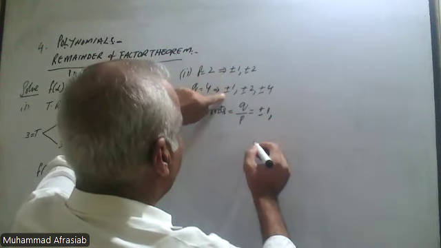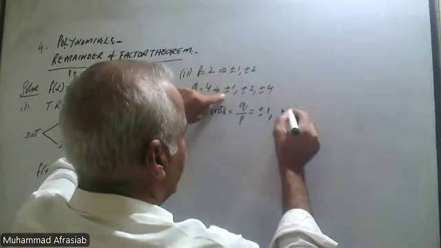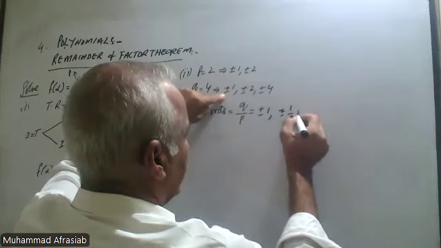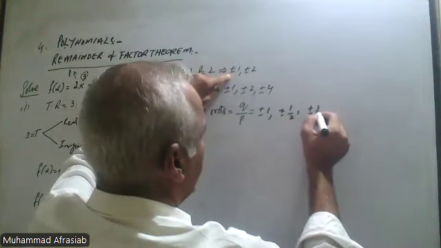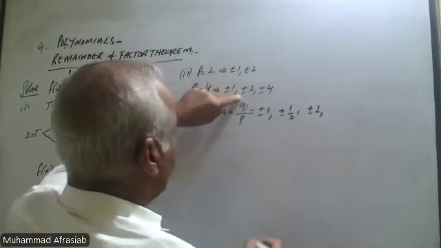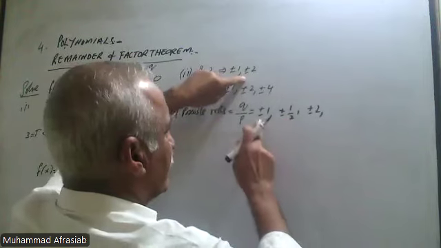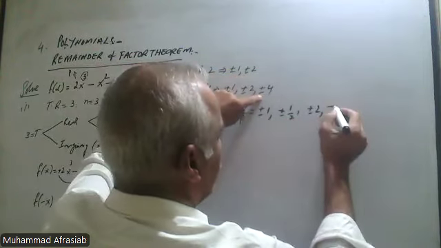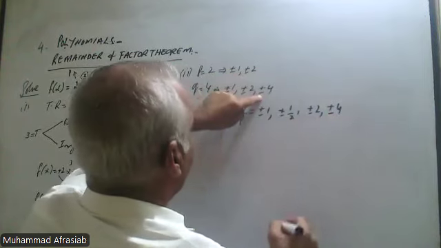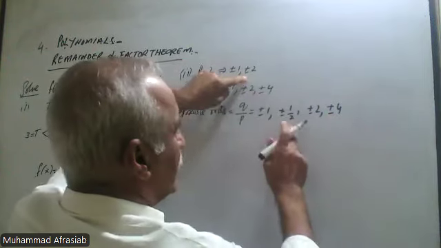Then plus minus 1 over 2 is plus minus 1 over 2. Then plus minus 2 over 1 is plus minus 2. Then plus minus 2 over plus minus 2 is already equal to plus minus 1. Then it is plus minus 4, and plus minus 2 is already there.